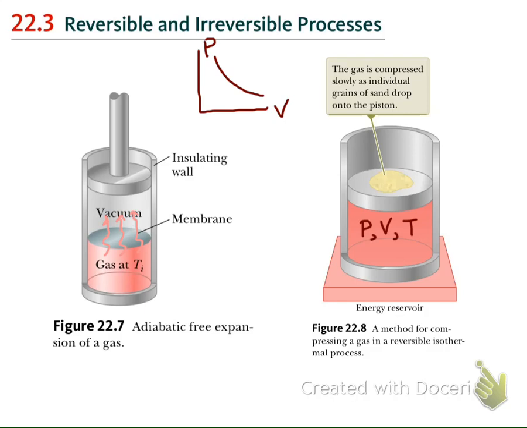The temperature is also hard to define. If you look at the temperature here, it may not equal to the temperature here in the vacuum. So we cannot define the pressure, the volume, and the temperature until the gas goes to the equilibrium condition again. But during the process, we cannot define P, V, and T.